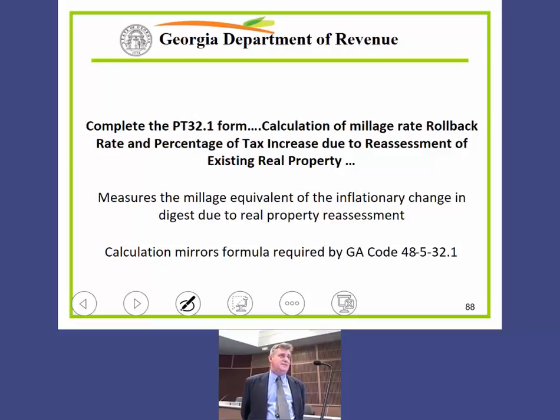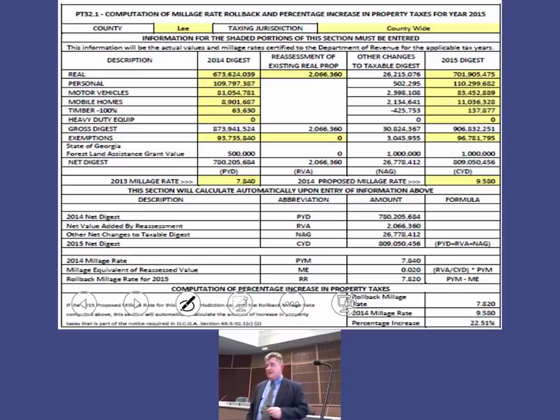And if that rollback rate, which was a prior year millage rate adjusted for the millage rate equivalent of the reassessment of existing real property in your county or city, if that rollback rate was greater than the current year millage rate, then no tax increase is deemed to have occurred. But if the current year millage rate is greater than the rollback rate, then a tax increase is deemed to have occurred. And we'll be more explicit with that.